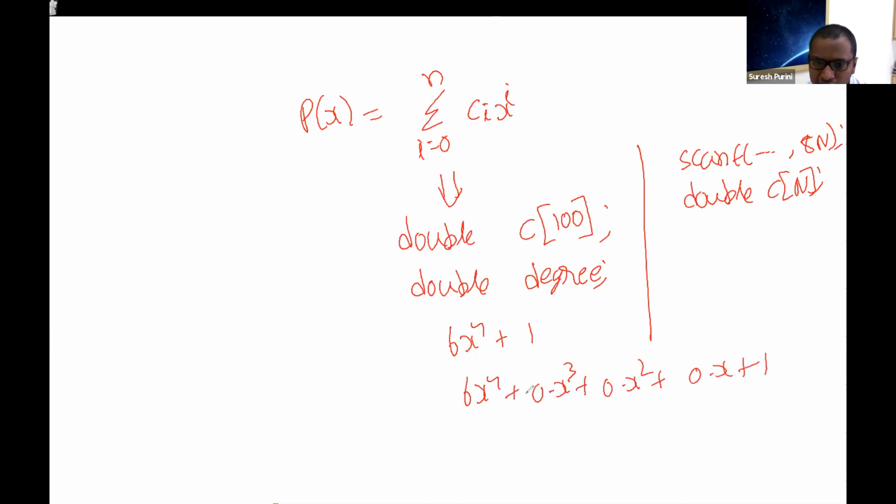So you can have 3 zeros followed by 1 stored in the coefficient array. By taking that approach, we will be able to use only one array and represent the polynomial. You might be able to come up with alternate representations for the polynomial, but this is one approach to do it.